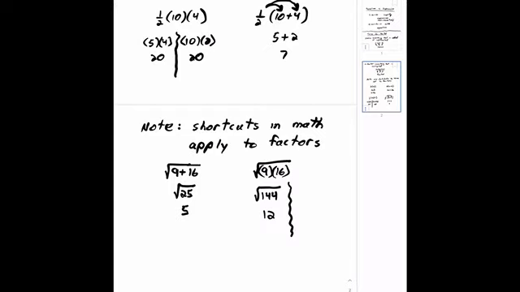Yeah, you may. And it's going to be quicker. So if you take the square root of the 9, you get 3. You take the square root of the 16, you get 4. And then that's 12. Okay, what allows you to do this? The fact that there's no plus or minus. If you want to take a shortcut, look for a plus or minus. If you see it, you can't take the shortcut. That is a very good thing to remember.